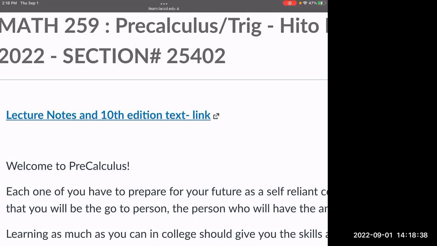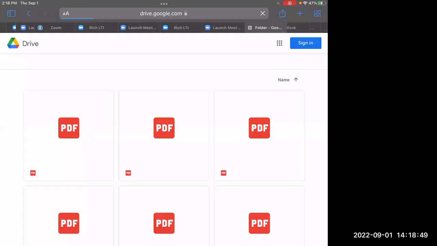You just click there and it'll take you to that Google Drive. They are labeled by date.